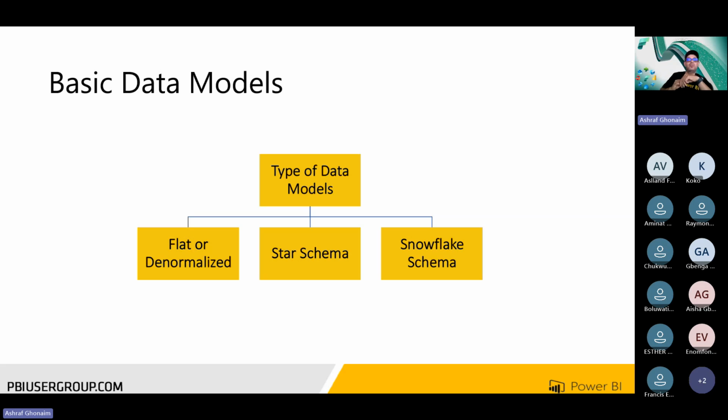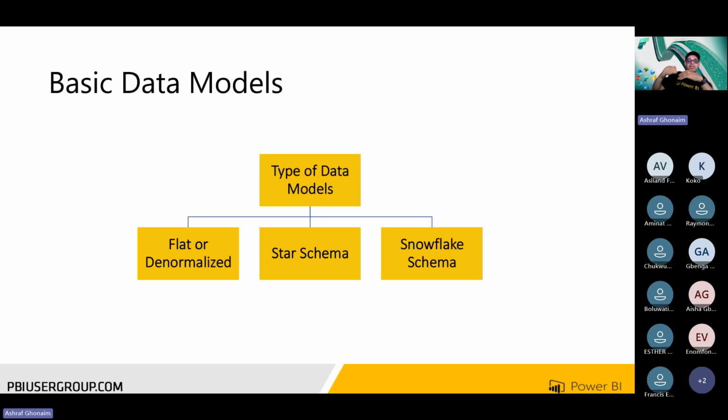model. And we will talk in a minute, in the next slide, about why it's called the star schema and what exactly the star schema is. Then the last one, which is the snowflake, is like the next level of the star schema. It's like the star schema, but the dimensions are a little bit more denormalized. It's an extension of star schema where some dimensions are more denormalized and more extended.